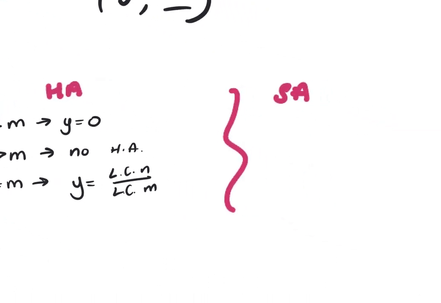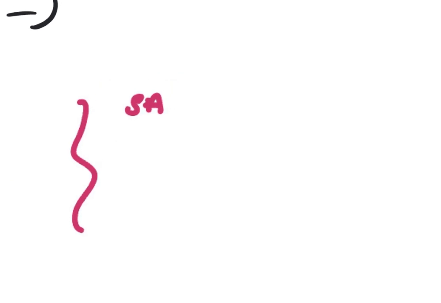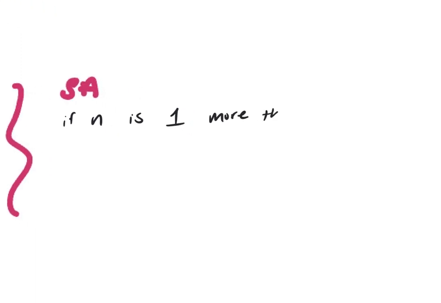And then the last one was your slant asymptote, and this is if n is 1 more than m. So they can't have both slant and horizontal. But they can have neither, because if the top is like 2 more than the bottom, then they have neither.